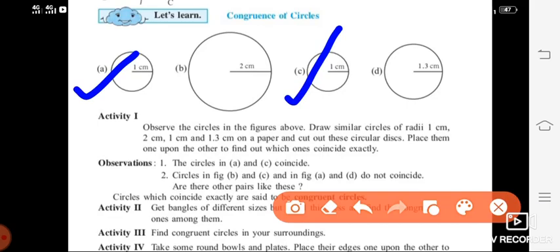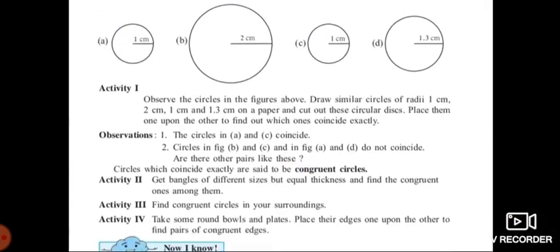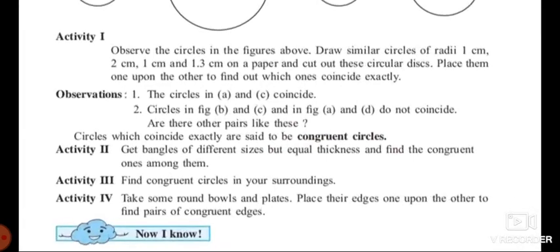Did you understand? They have also given you some other activities, like you have to take bangles of different sizes, but the thickness should be the same. Girls have a set of bangles, no? If you see, its thickness is the same. So you have to find which of them are congruent. Then the next activity is to find congruent circles in your surroundings.